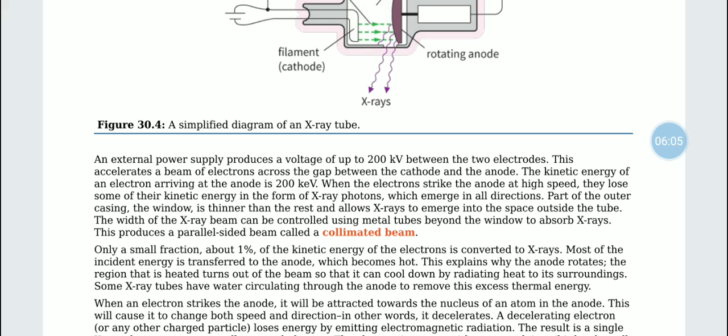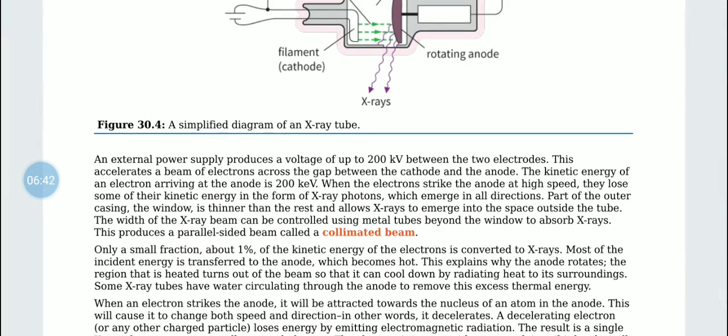When they strike the anode at high speed, they lose their kinetic energy, rapidly decelerating, as I said earlier, and that produces X-ray photons. So they go in all directions. One part is allowed to go out and emerge into the space outside of the tube, and this will go through the patient's body.